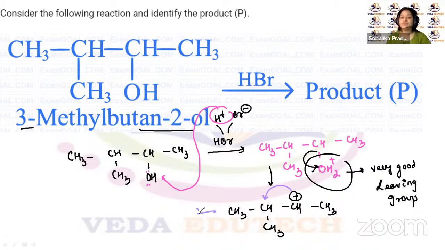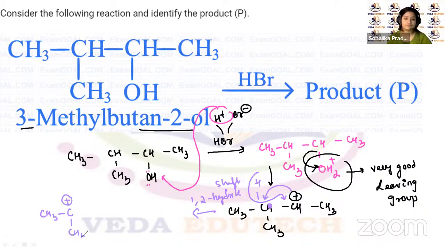So we do a 1,2 hydride shift. Basically we shift this hydrogen to here and we get a positive charge here. This is the new carbocation now. Now you can add Br minus here.